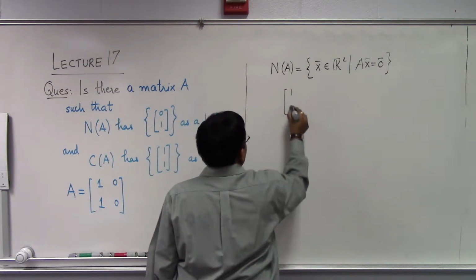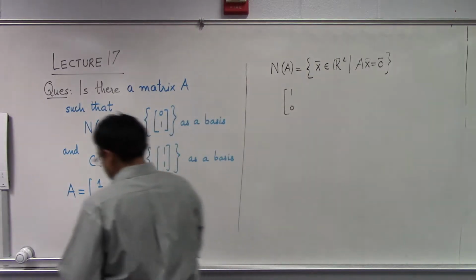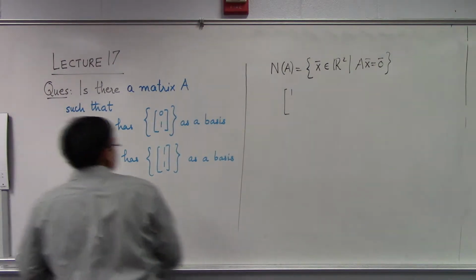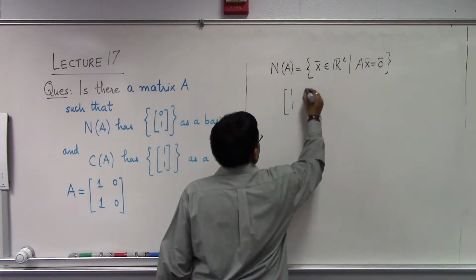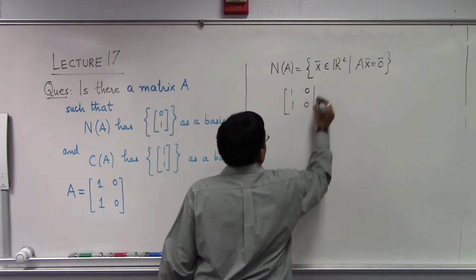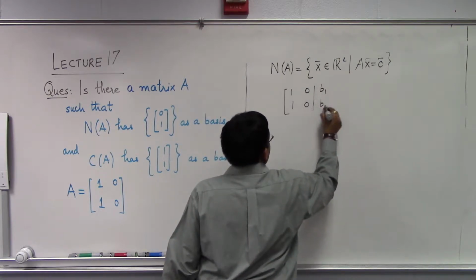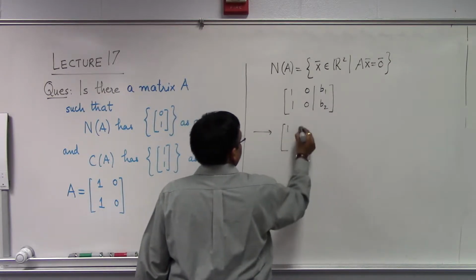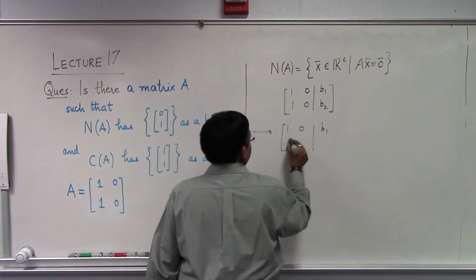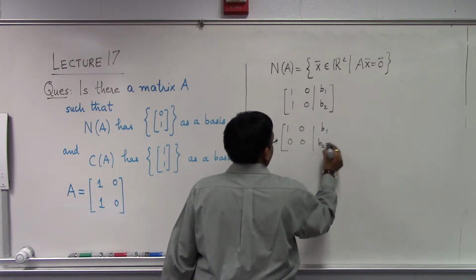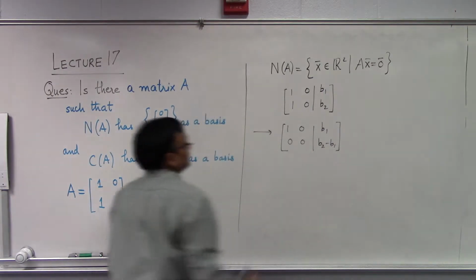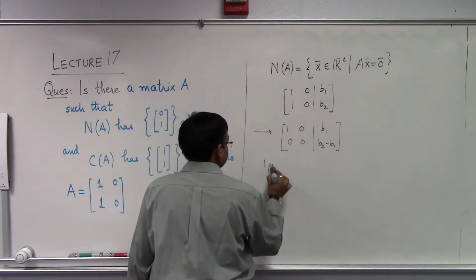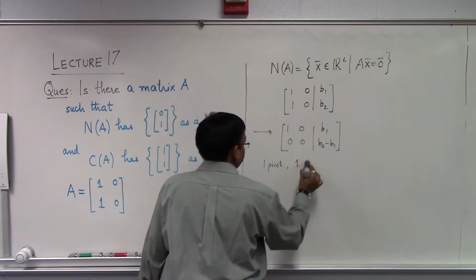Here is my matrix and here is my right hand side. So I'll try to solve everything in one go. This will give me 1, 0, b1, 0, 0, b2 minus b1. So when I solve this augmented system, what I see is one pivot, one free variable.